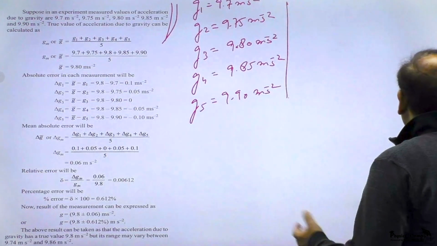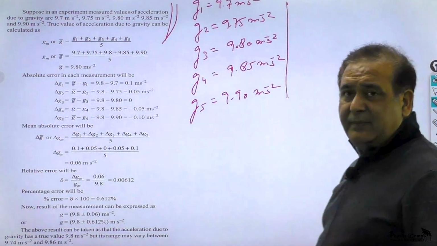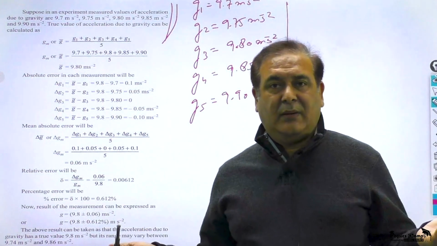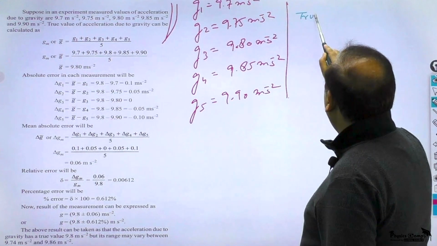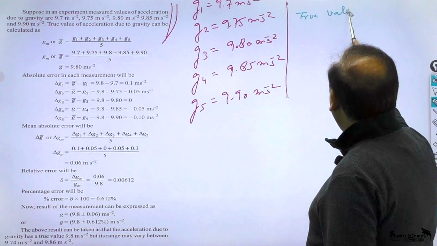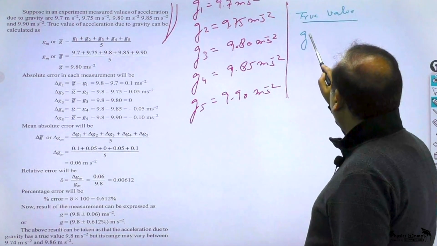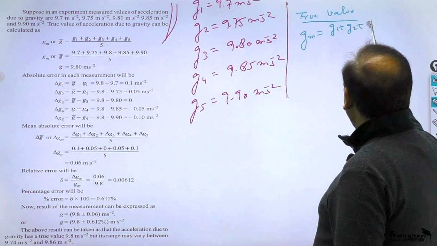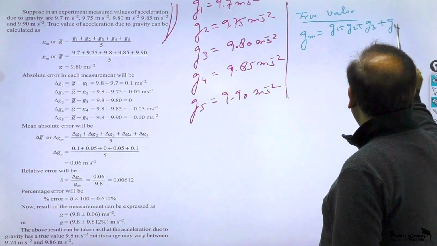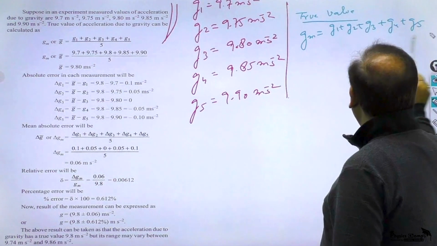Now the question is, which is the true value? How to find the mean acceleration due to gravity? The true value of acceleration due to gravity will be g1 plus g2 plus g3 plus g4 plus g5 divided by 5.